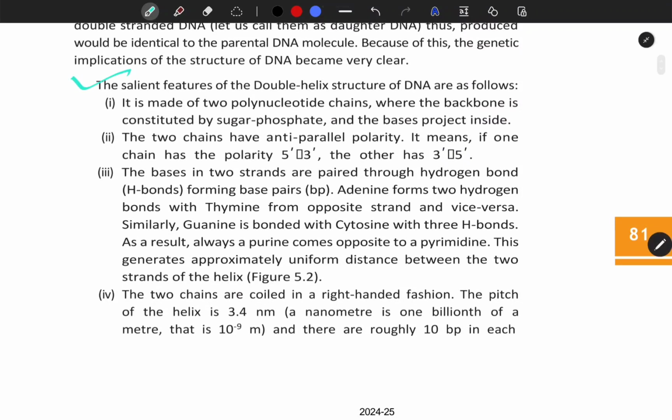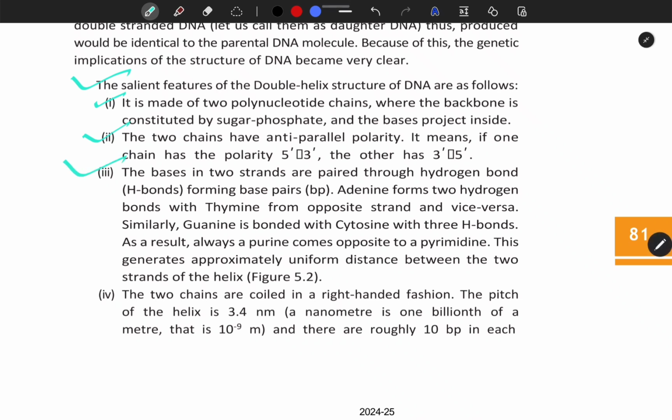The salient features of the double helix structure of DNA are as follows. First, it is made up of two polynucleotide chains, where the backbone is constituted by sugar-phosphate and the bases project inside. Second, the two chains have anti-parallel polarity. It means if one chain has the polarity 5' to 3', the other has 3' to 5'.